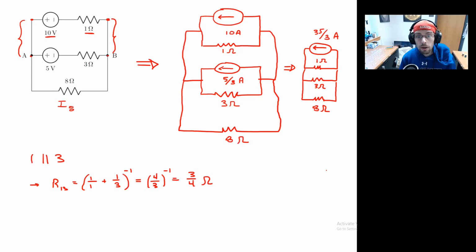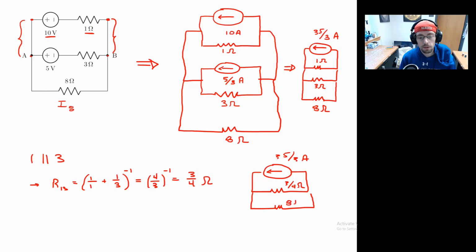So now I have turned this into the current supply of 35/3 of an amp. I have a single resistor that is 3/4 of an ohm, and a second resistor that is 8 ohms.